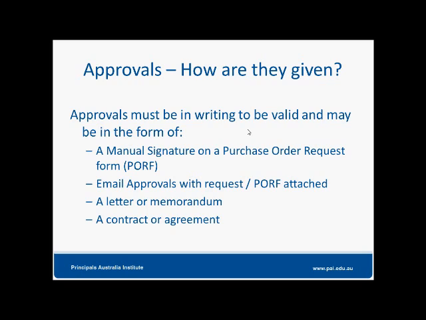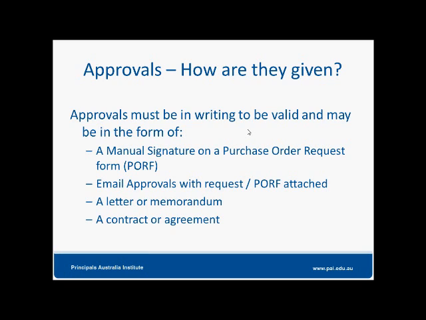A letter or memorandum may also be an approval, where somebody writes and says that I understand ABC is happening and this will incur expenditure. You are authorised to purchase up to $100 worth of equipment, item X, stationery, whatever it might be.